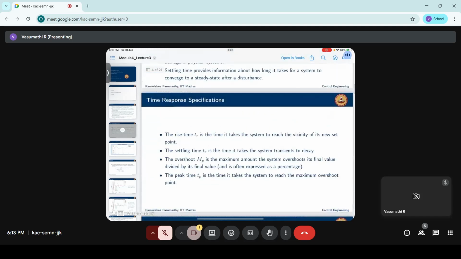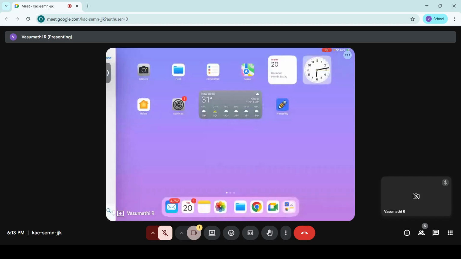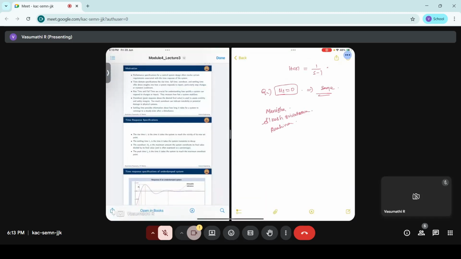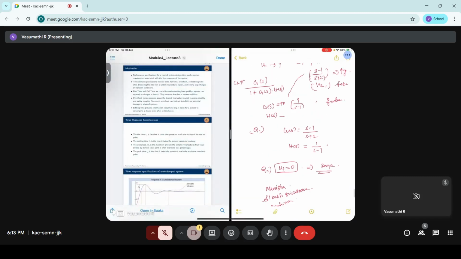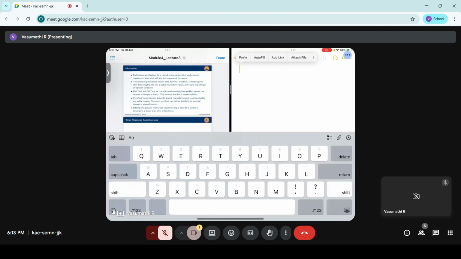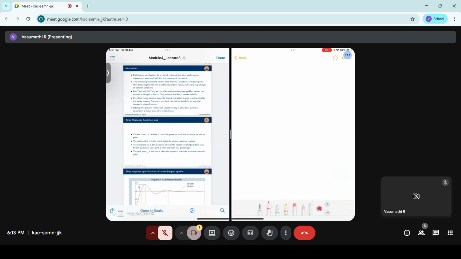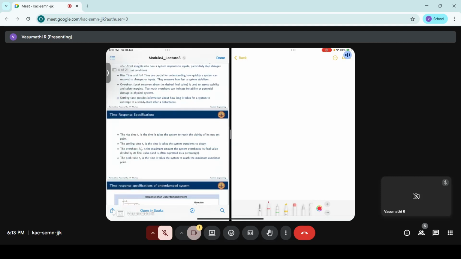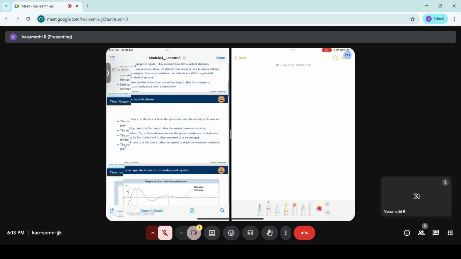So we'll start with this. First of all, we will have to write all the formulas on this side so that we will be using them for solving the problems.